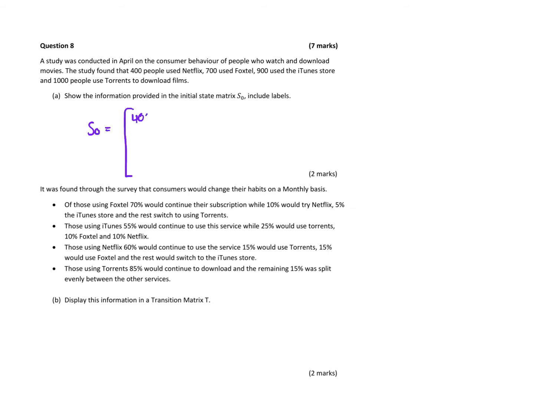So we'll just put 400, 700, 900, and 1,000. And we'll make sure we put the initials down there: Netflix, Foxtel, iTunes, and torrent.